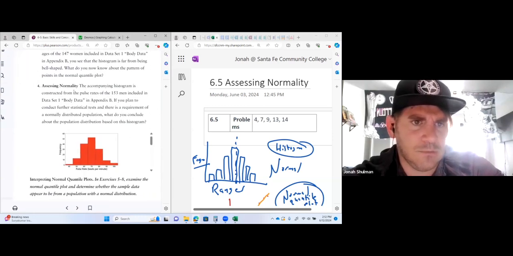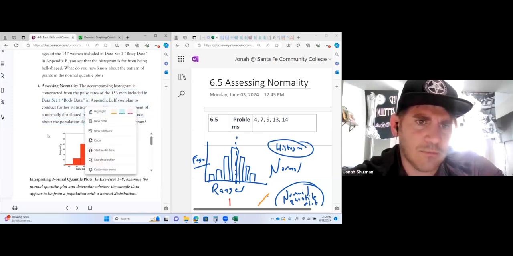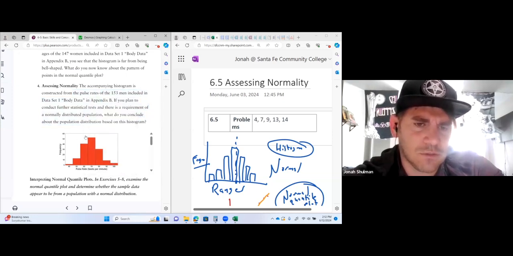The accompanying histogram is constructed from the pulse rates of 153 men, included in Appendix B. What do you conclude about the population based on the histogram? For number 4, I'd probably say that this looks pretty normally distributed.